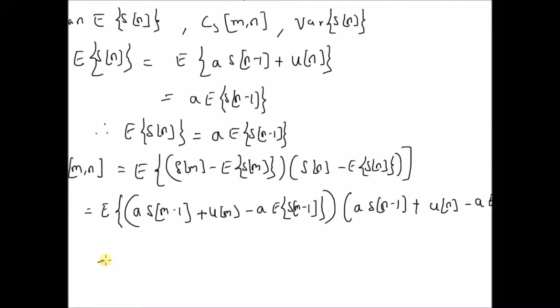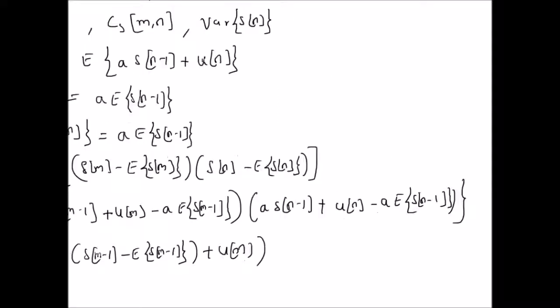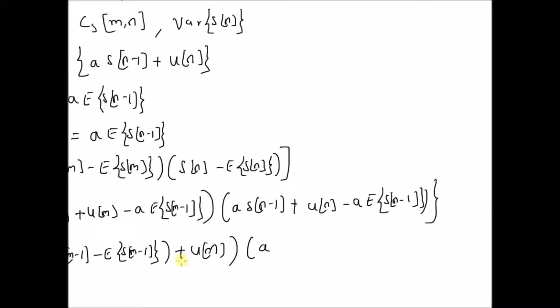This becomes expectation of a times S of m minus 1 minus expectation of S of m minus 1 plus U of m, and then we do the similar manipulation for the second term, that is a times S of n minus 1 minus its expectation plus U of n.